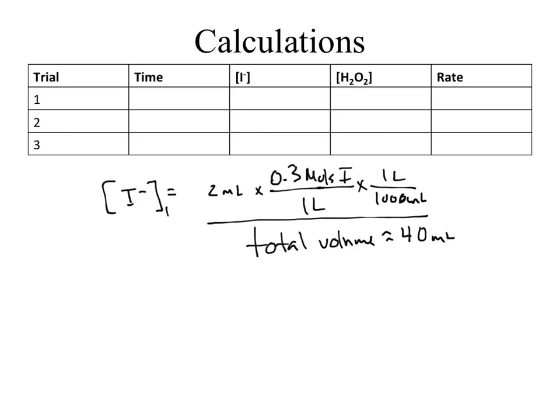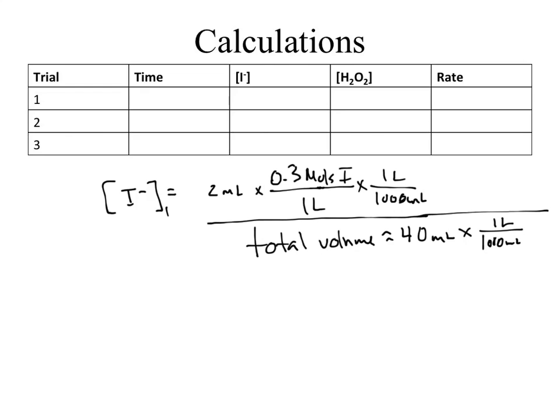So you'll set it up where you'll get that volume. That needs to be in units of liters. So we could again go through and do our conversion. 1,000 milliliters is 1 liter. And we now have the concentration of iodide for trial 1. What's the concentration for trial 2? Pretty much the same thing, except this number may change.